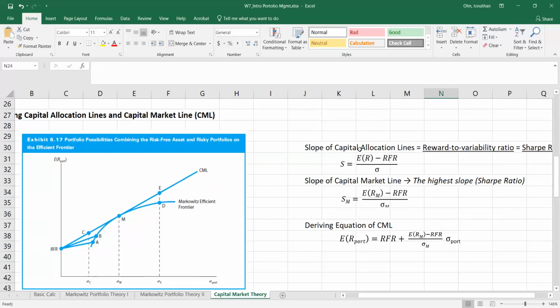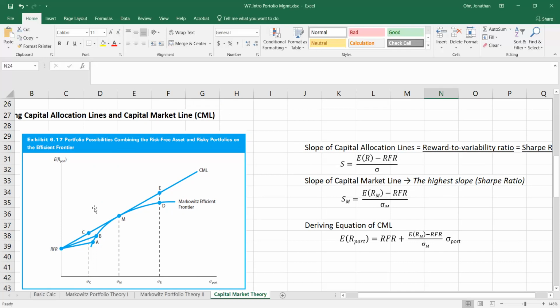The slope of the capital allocation line is the change in y divided by the change in x. The change in y is the expected return of your portfolio minus the risk-free rate, divided by the standard deviation. That is the slope of the capital allocation line of anything.